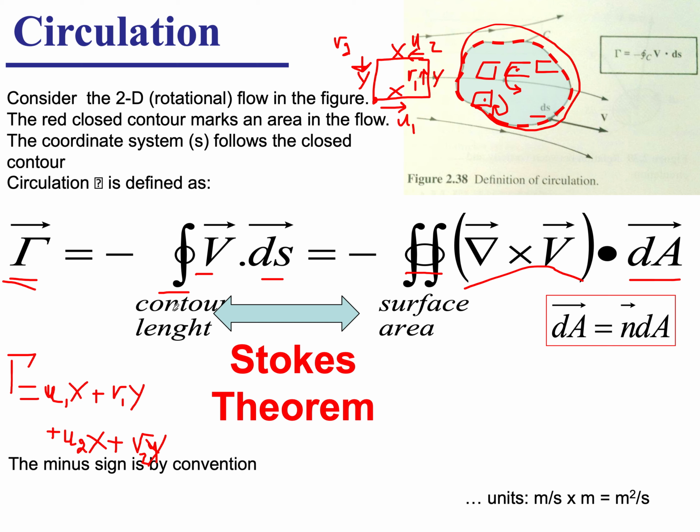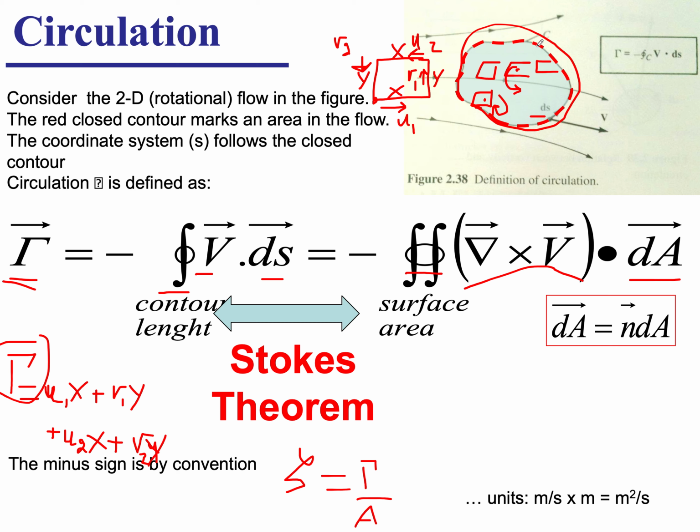And now you can actually use this in a smart way to get the vorticity. If the circulation is the integration of vorticity, and you have already computed the circulation, then you can say my vorticity zeta is just the circulation over the area enclosed within this contour.